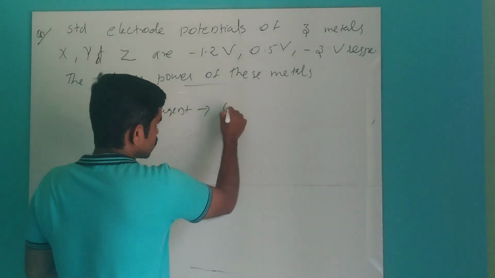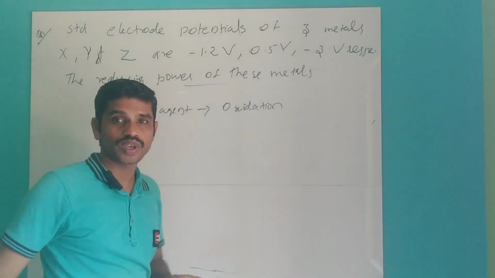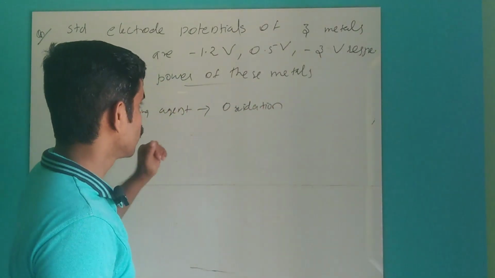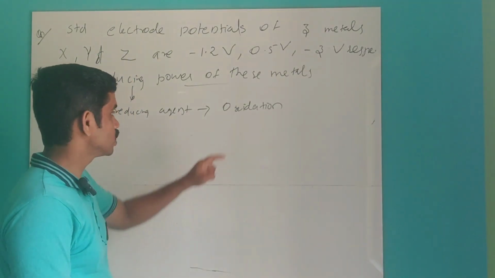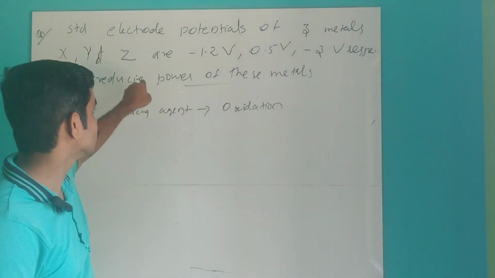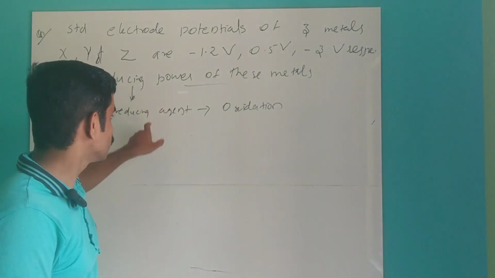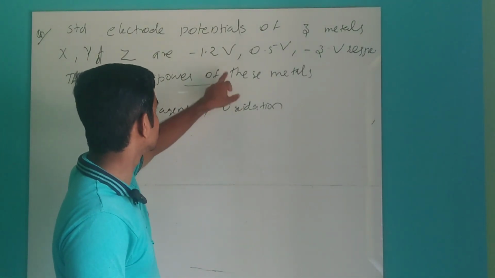Reducing agent means it is undergoing oxidation, right? Oxidation means the one having very less value is undergoing oxidation, and it has good reducing power also. So which one has the lowest value?